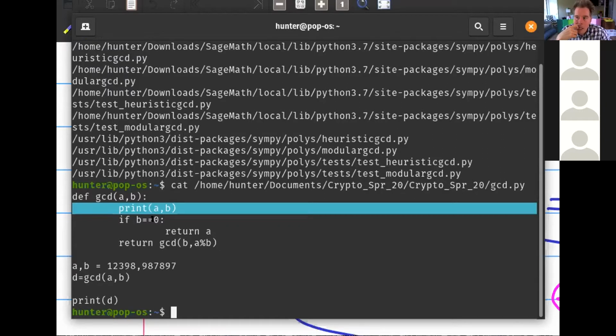So 0 divides 0, that's true, but what else divides 0? Does 5 divide 0? Is 0 equal to k times 5? Yes. So anything divides 0. That's right.